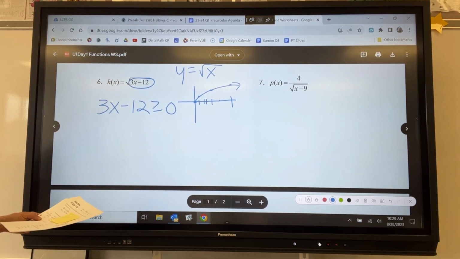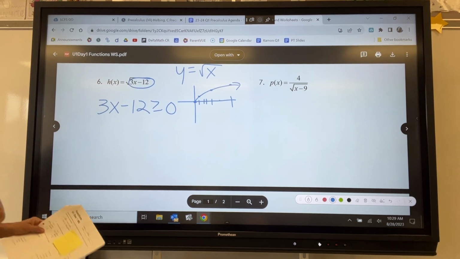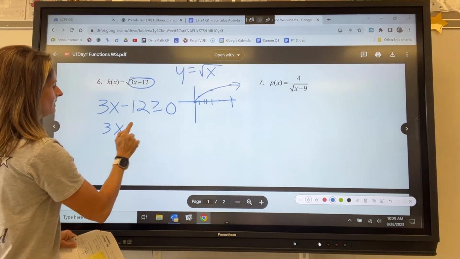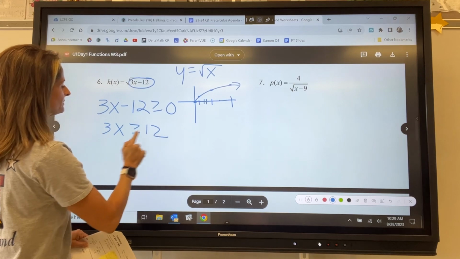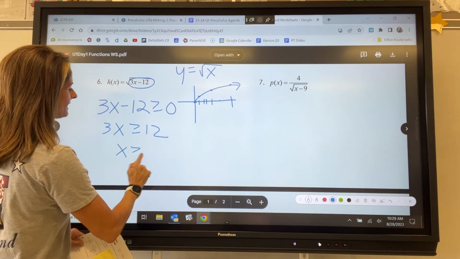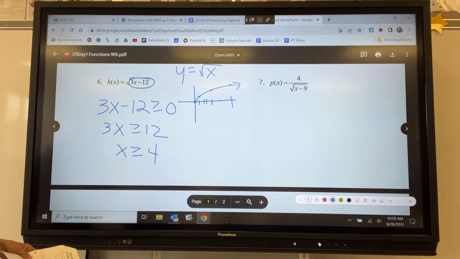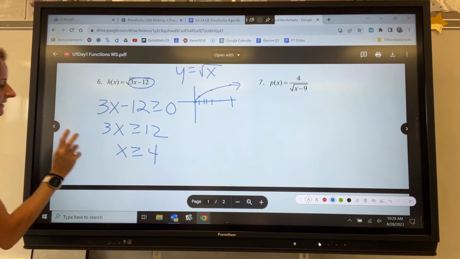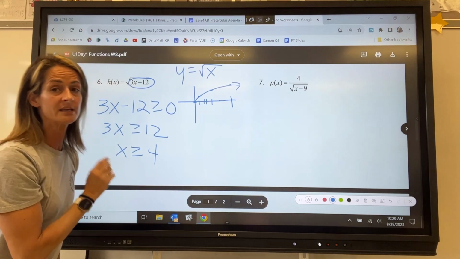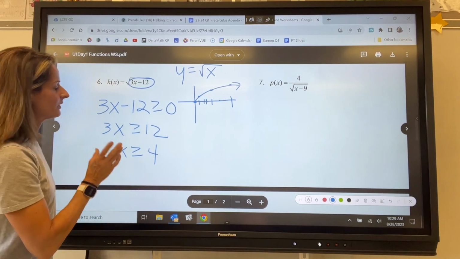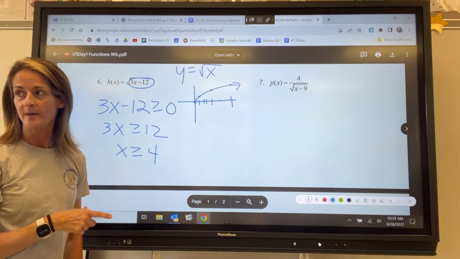Under the radical, I get 3x minus 12 is greater than or equal to 0, so 3x is greater than or equal to 12. Divide both sides by 3. I get x is greater than or equal to 4. We want to include this 4 in our domain.